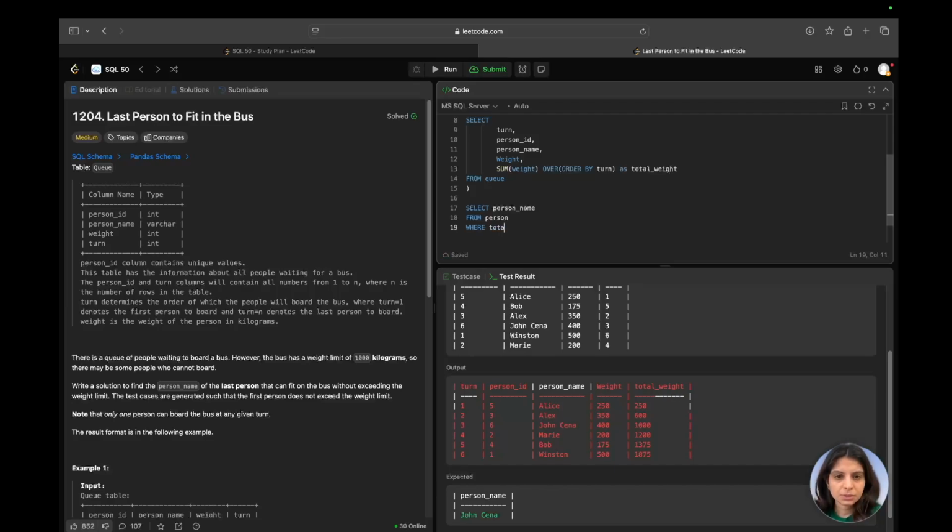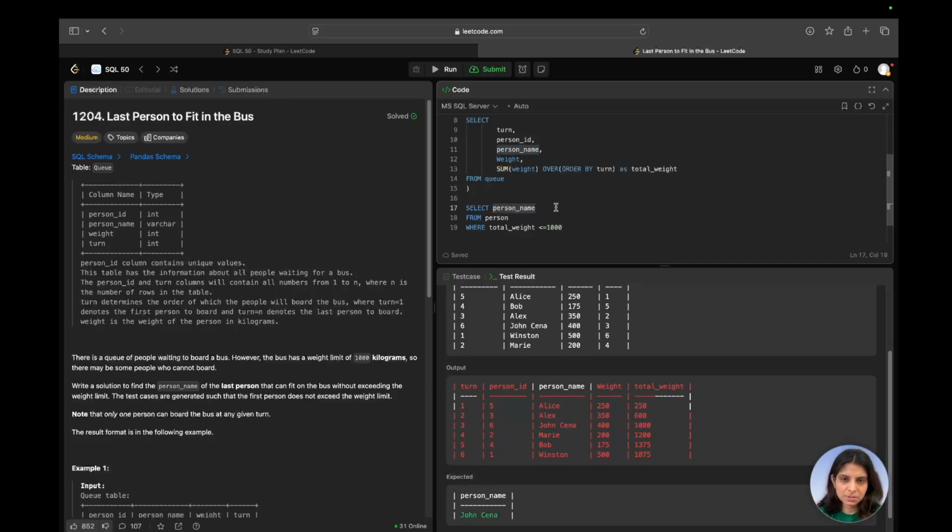Where my total weight is less than or equal to 1000, because the highest weight that can be there is 1000.